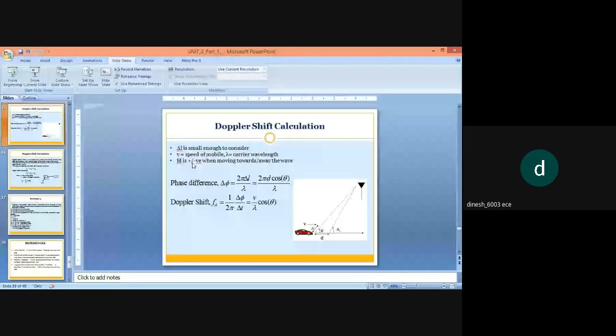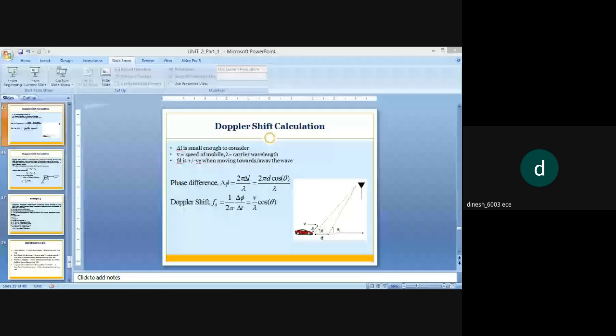So how do I calculate this Doppler shift? Del L is very much smaller. V is the velocity of the vehicle or the mobile. Lambda is the wavelength. If the frequency shift is positive, it is moving towards; if it is negative, it is moving away.